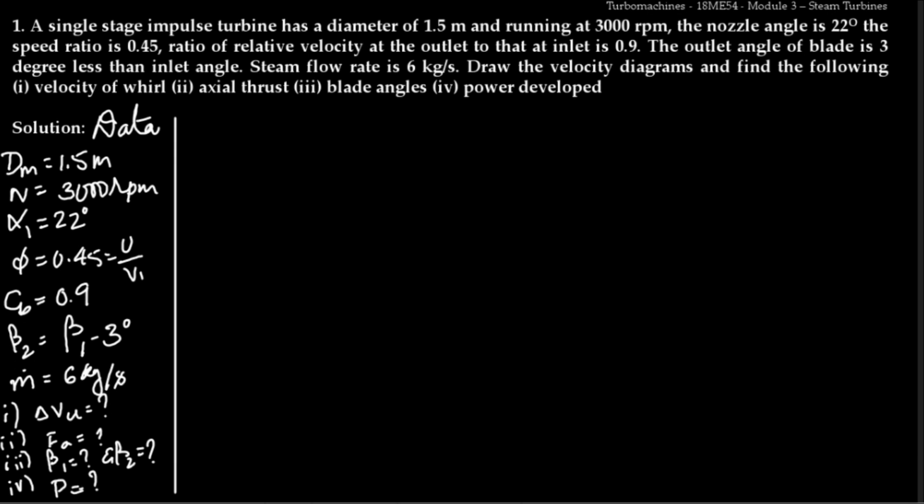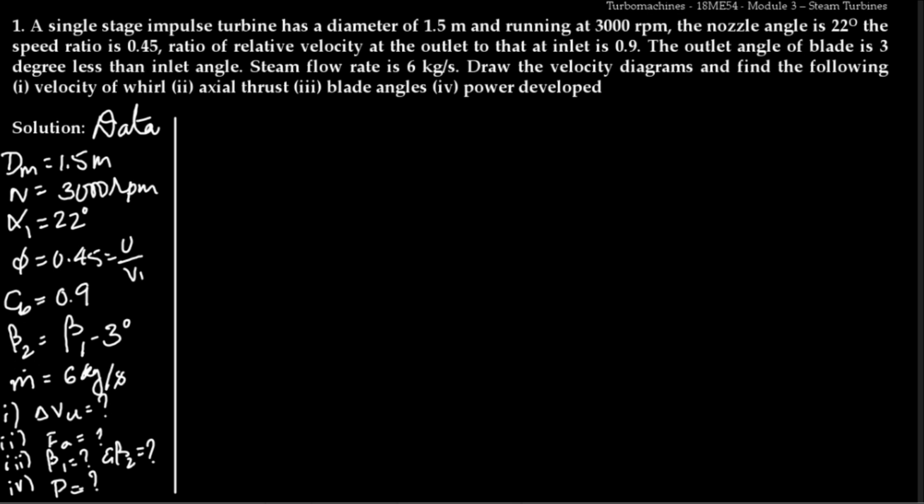To construct the velocity diagram, first we need to find out the value of U and V1. Whenever we are dealing with any triangle, there are 6 components that are present in a triangle. There are 3 sides and 3 angles. And if you want to construct any type of triangle, then you need to know at least any 3 values.